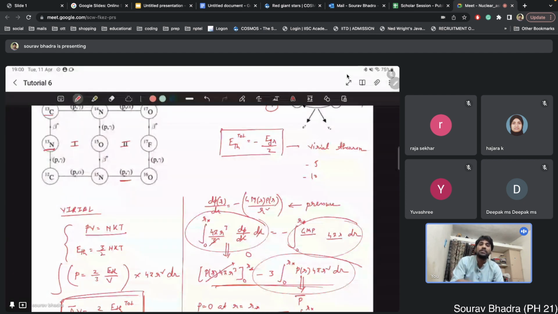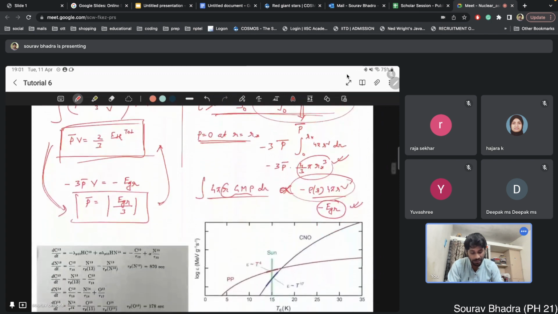That means the thermal energy will increase from plus 5 to plus 10. That is the reason why with gravitational contraction the thermal energy increases, and the temperature rises.